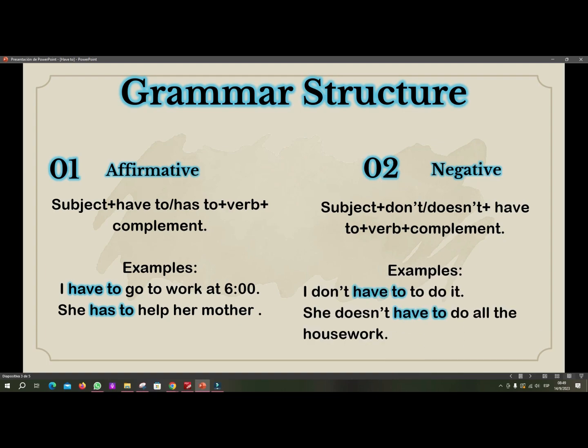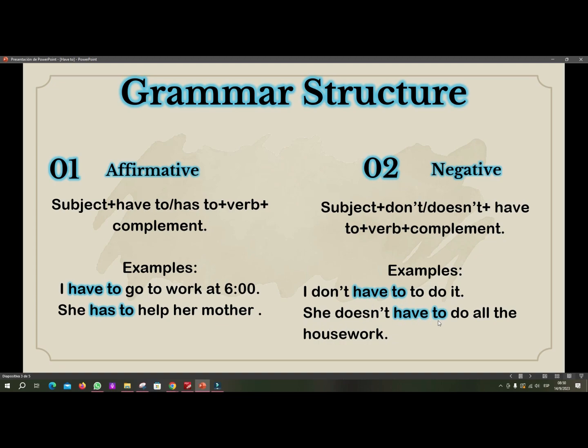For example, I don't have to do it, right? Look, first, here you have the subject, then don't, that will be the negative auxiliary, in this case simple present, right? And then you're going to have have to. That is like a mistake, that's my bad. What about this?